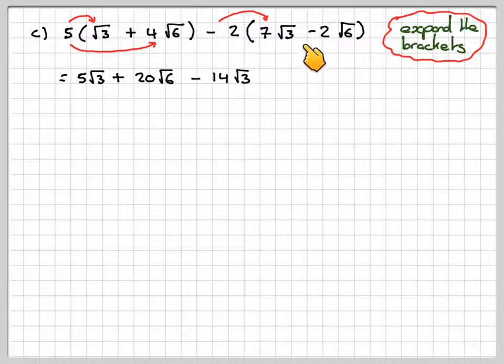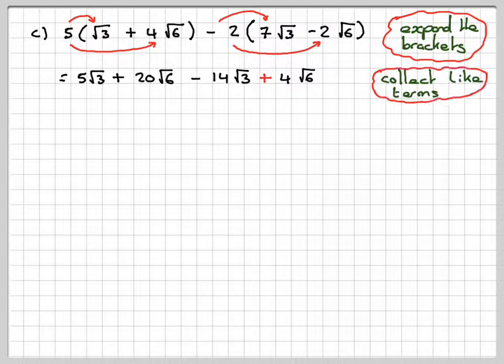And then be careful here because we've got a minus times a minus, and that becomes a plus. So 2 times 2 becomes 4 root 6. Now you collect together like terms. We've got terms which are root 3, so we'll underline those in orange. So 5 root 3 minus 14 root 3 gives minus 9 root 3.